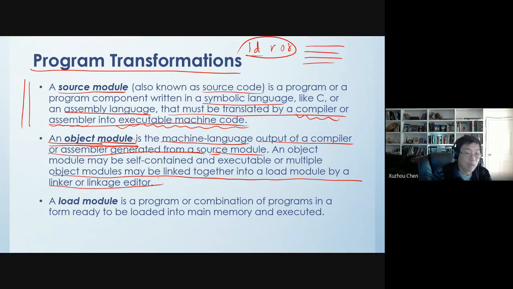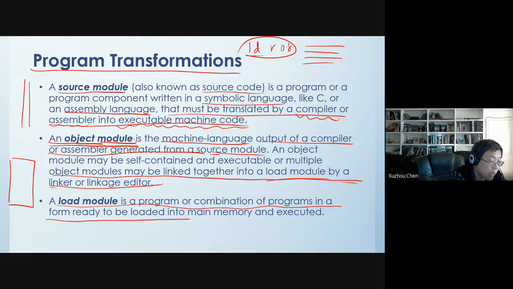The load module is the module that has the format of the memory setting. The program in the load module, you can think about this as a logical format. So the load module is a program or combination of programs in the form ready to be loaded into the main memory and executed.